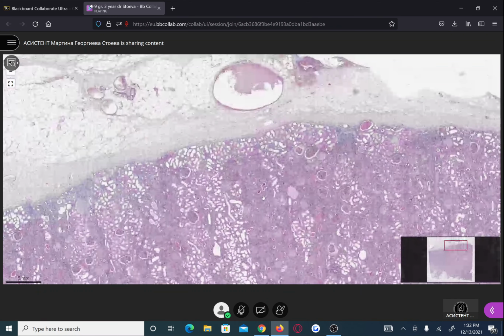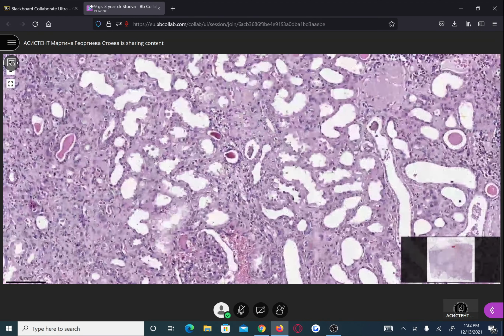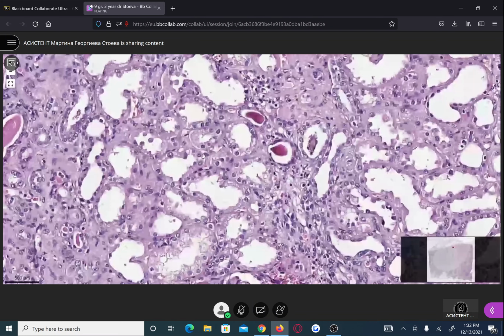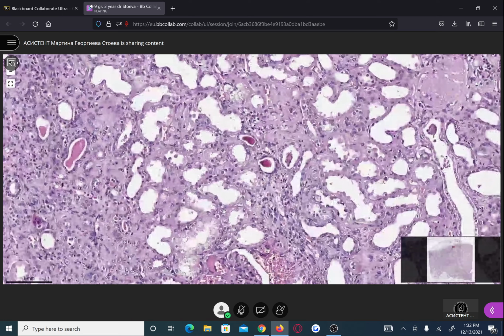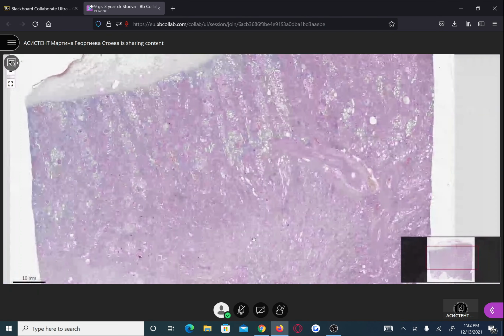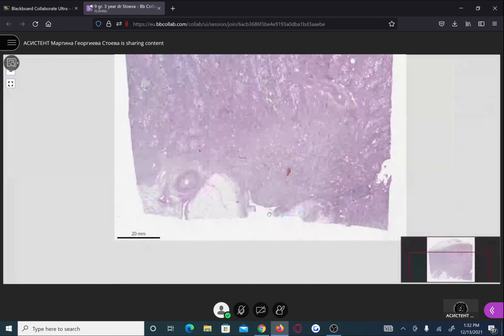In between the glomeruli there are tubules. These are the tubular structures. And also here in the middle portion of the lower side of the slide, we have one lumen. It is from the hilum.